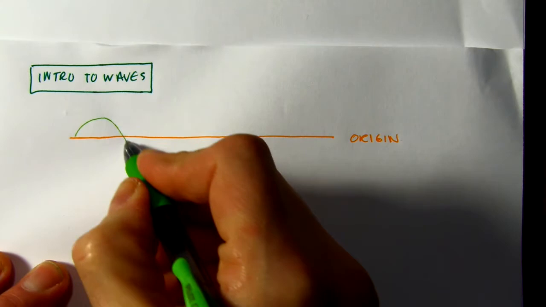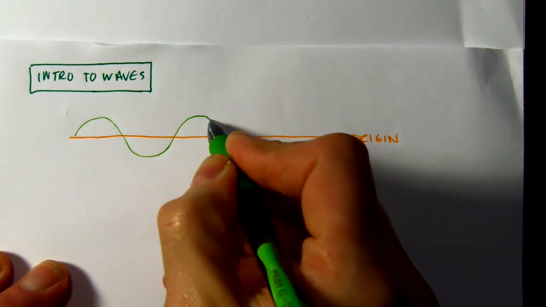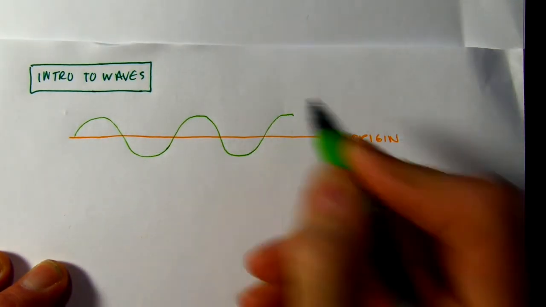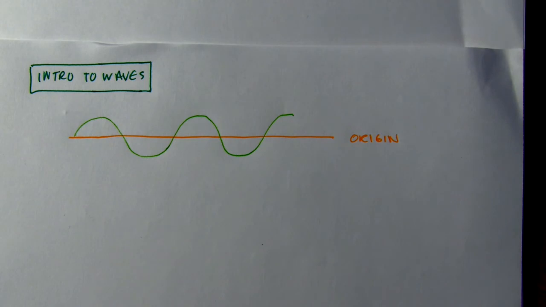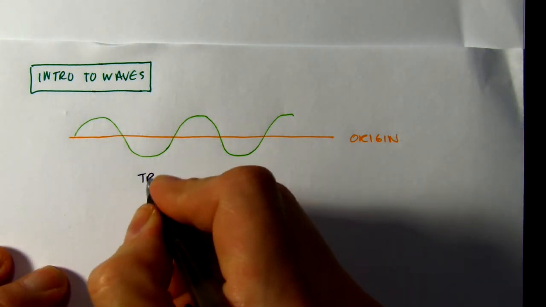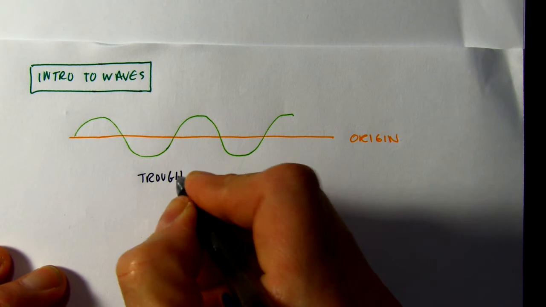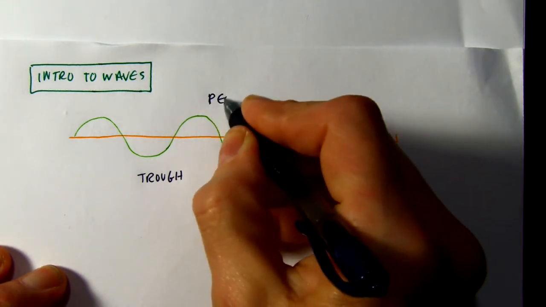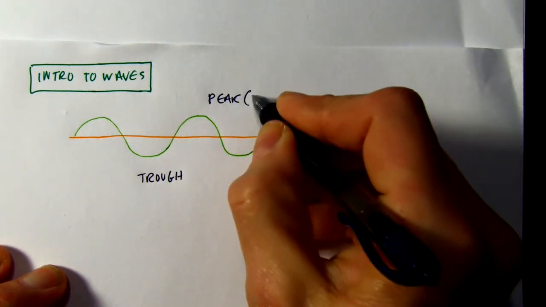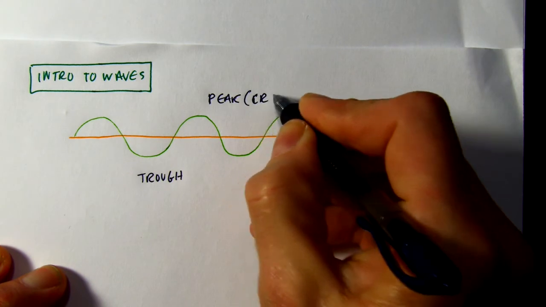And if I draw this here as consistent as possible, that's your experience with waves, that there are peaks and troughs, so we should probably indicate that. This would be a trough, the low point, and then this is a peak, but it's also known as a crest.